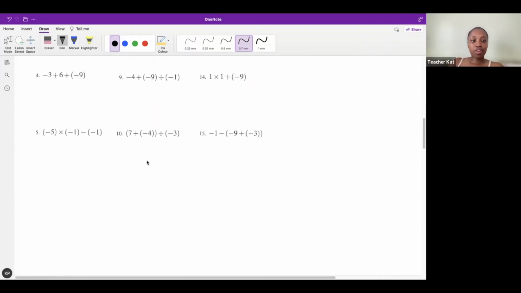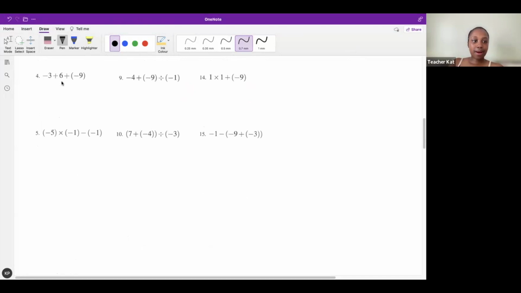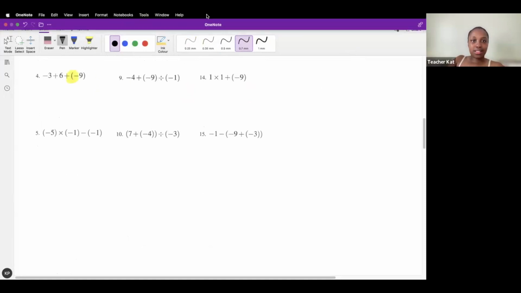Right, now we move on to integers, which we have done as well. And I'm going to need your help in solving all of these. Let's start with the first one. Number 4 says -3 plus 6 plus -9. What happens with this plus negative here?